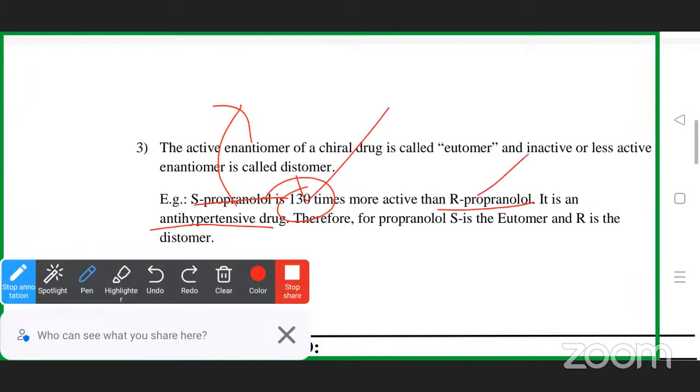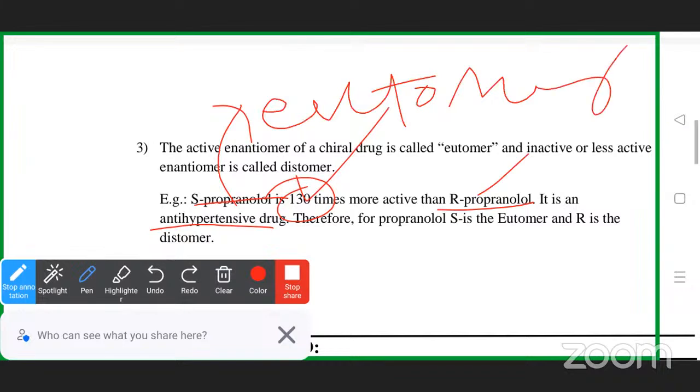So S-propranolol is the eutomer and R-propranolol is the distomer. It is a very important question, repeated in examinations: they will ask you to define eutomer and distomer with an example.